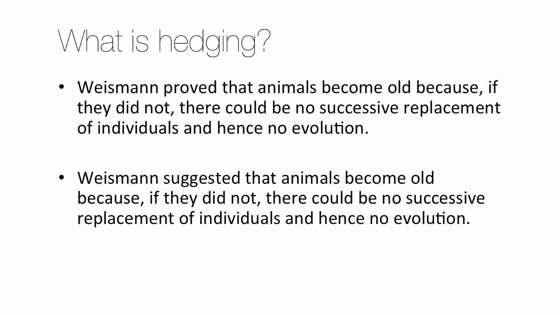Next, when we write our opinions or ideas, or other things that we can't be 100% certain are true, we use hedging to make our confidence level clear. Now, the first sentence here uses the word proved, which implies that this is 100% true and accepted. And the second sentence uses suggested instead to show that this has not been accepted as 100% true.